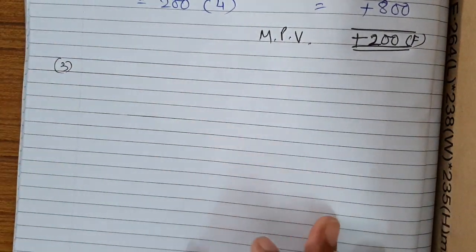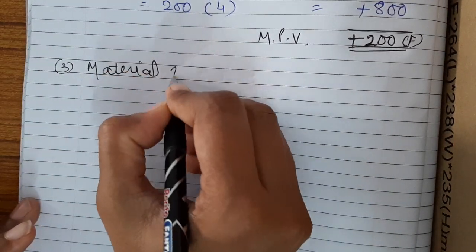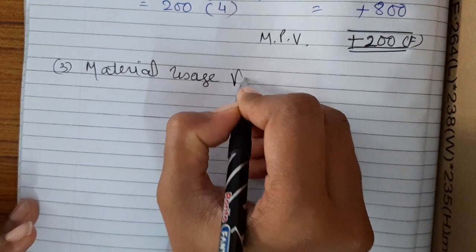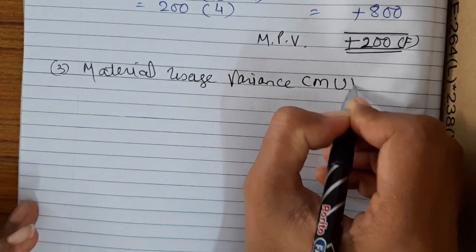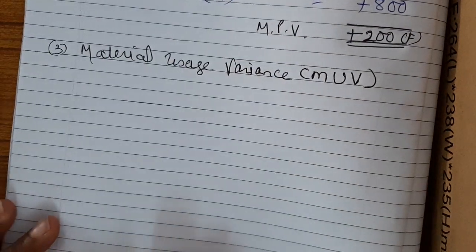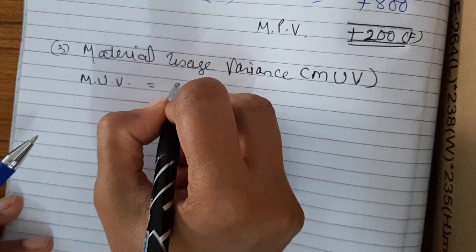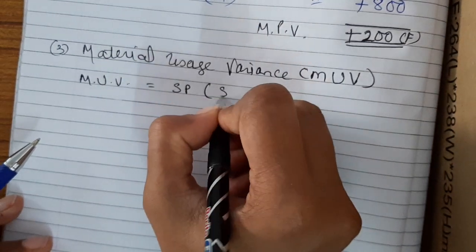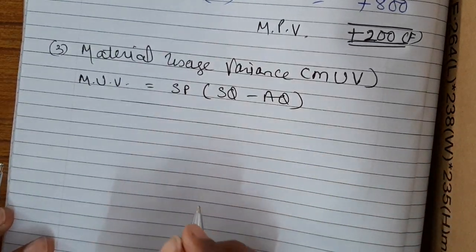Let us go with the next one, material usage variance, that is MUV. So the formula will be standard price into bracket standard quantity minus actual quantity.